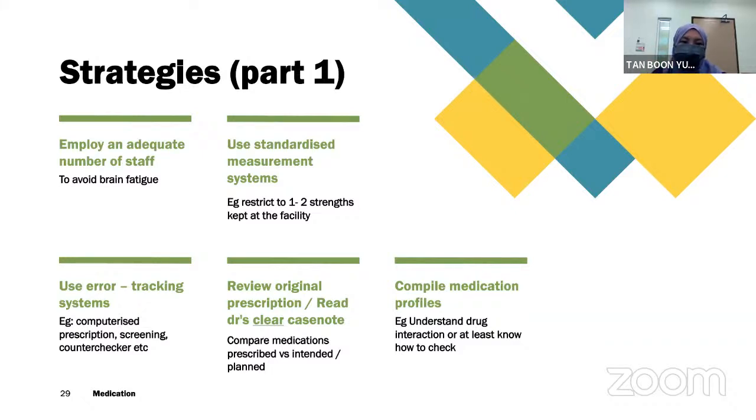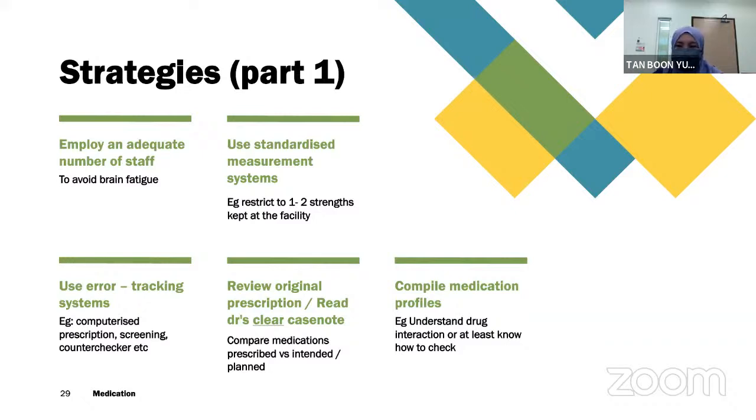And the third one is use error tracking system. For example, you use computerized prescription, which we have right now. Screening, counter checking, whereby we use the barcode to check the medication. And the fourth one is to review original prescription or to read doctor's clear case note. The case note should be written clearly, doctor.